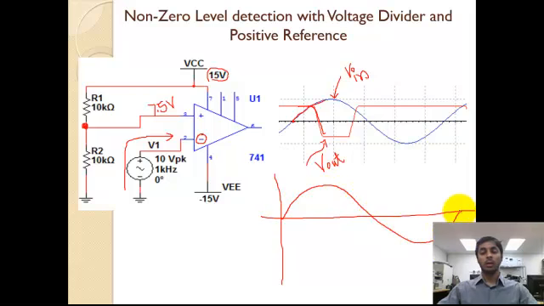Let's say that's a sinusoidal signal, that is an input voltage. Now the reference again is a positive 7.5 volts. Just keep in mind that because the voltage divider is getting the supply from positive 15 also, the reference voltage is going to be positive 15.